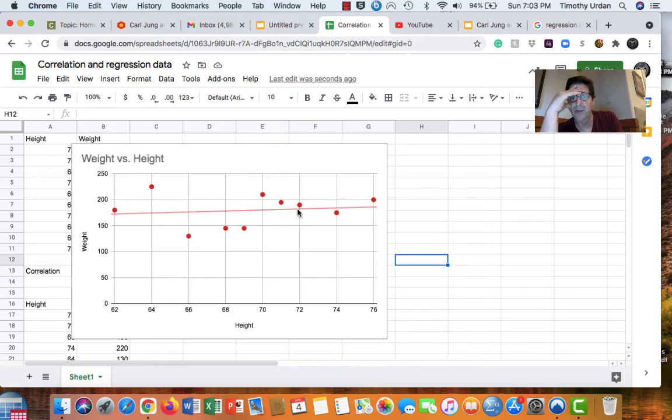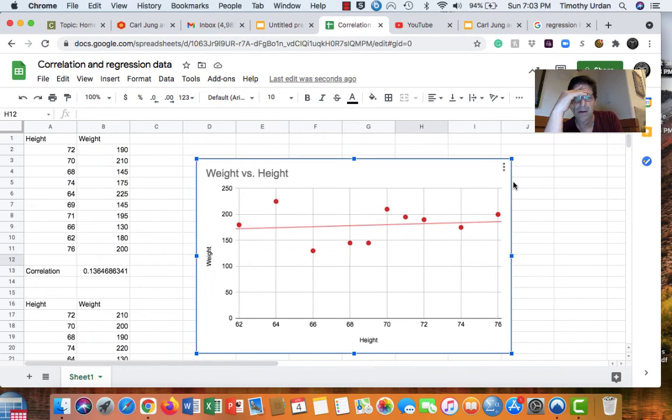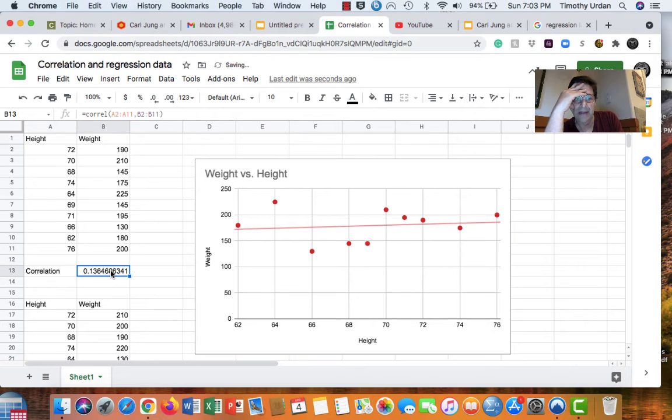This regression line is almost flat. It shows a very weak positive correlation. And if you look at the correlation that I calculated, it is a weak positive correlation. Got it? Make sense?